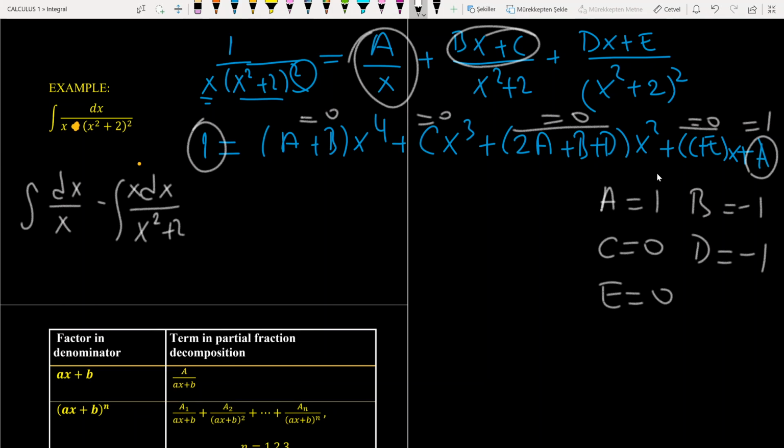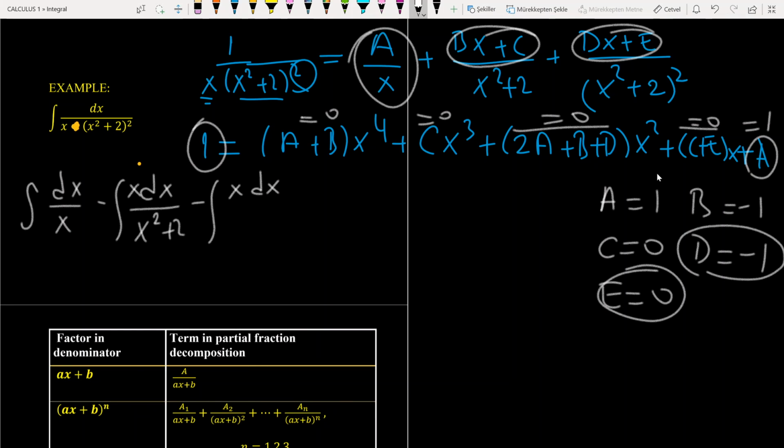Let's look at the third term, dx plus e: d is minus 1, e is 0, so we have minus x dx divided by x squared plus 2 squared.